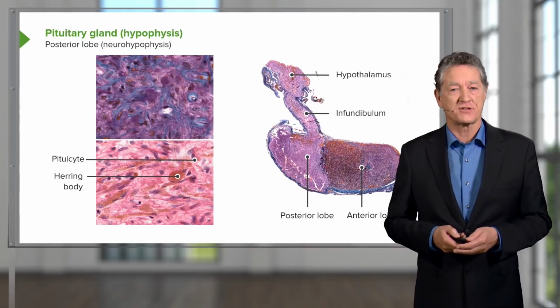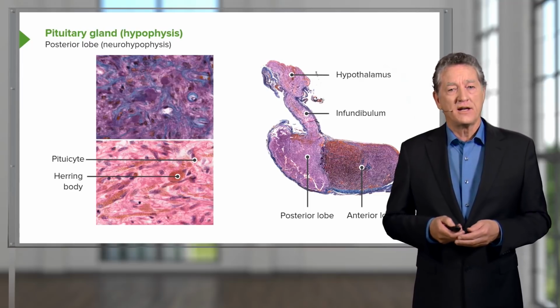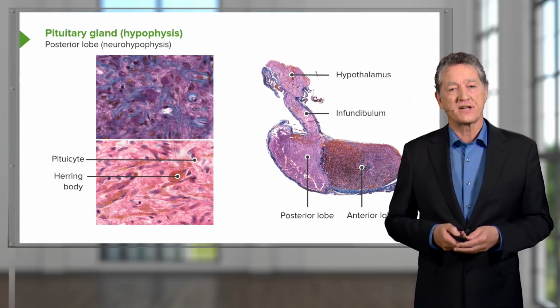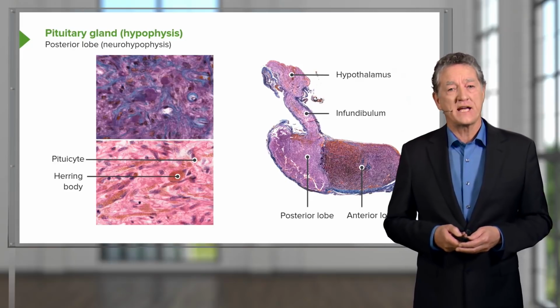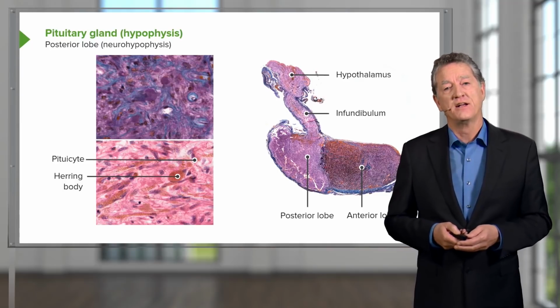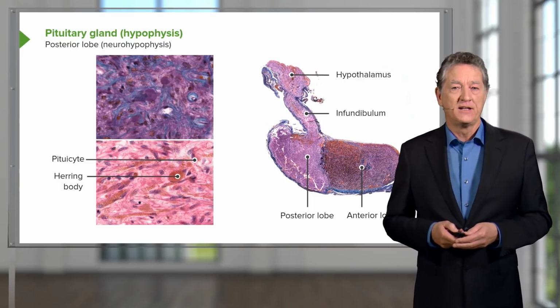It's like an astrocyte, because if you think about it, the nuclei that contain the cell bodies of these axons you see in this section through the posterior pituitary, those cell bodies are protected within the blood-brain barrier.